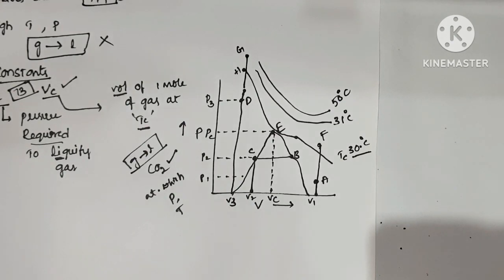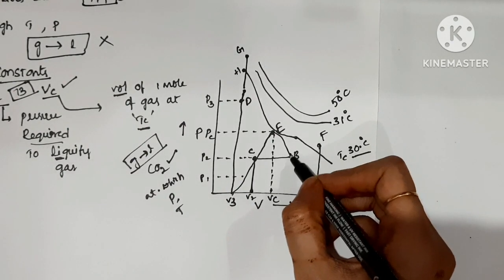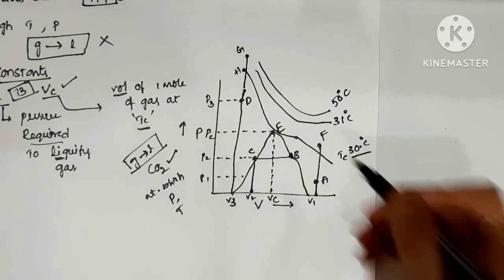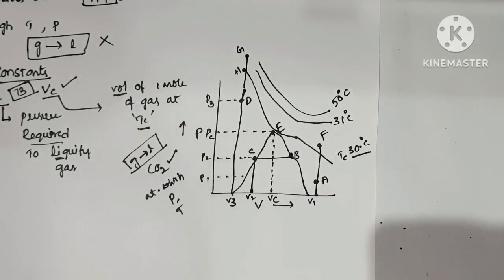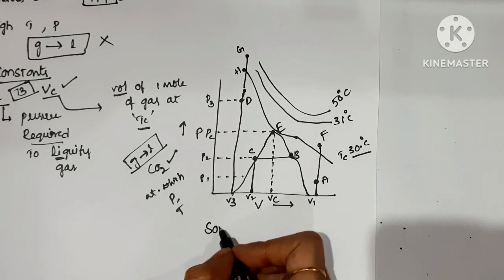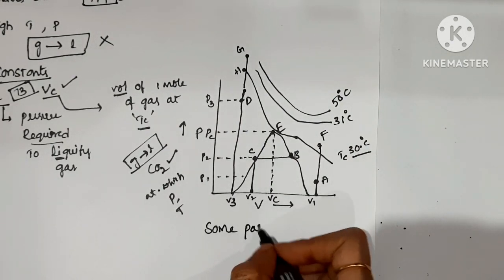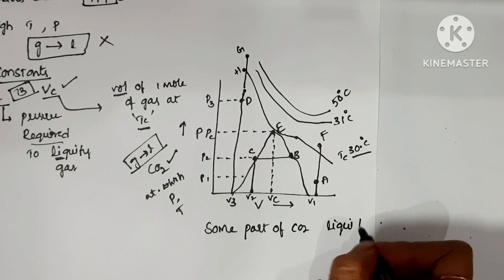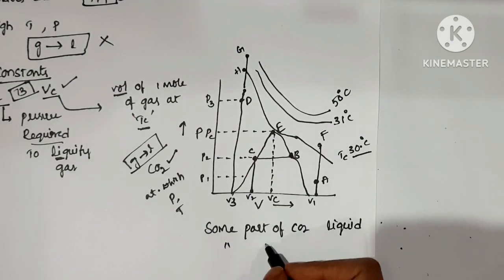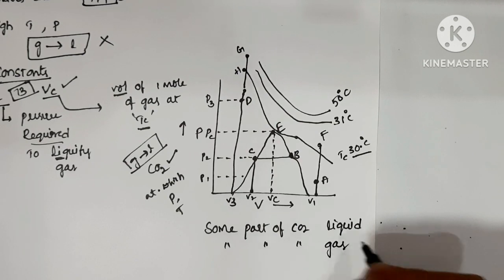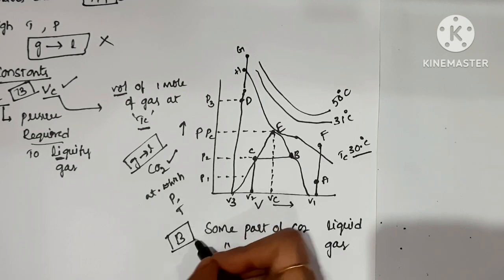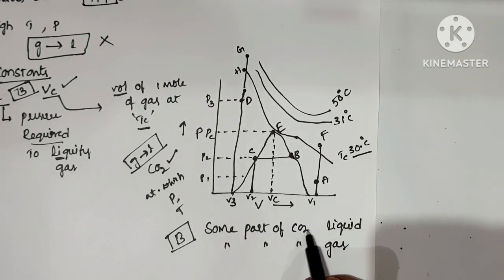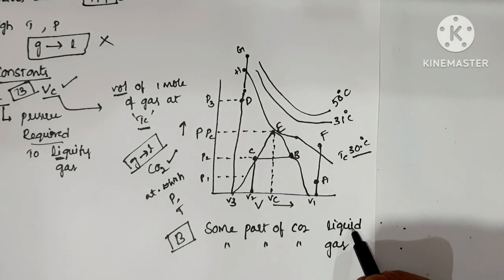So here you have to observe what happened at B point. At B point, some part of the CO2 gas appears as liquid, and some part of the CO2 is still gas, right?